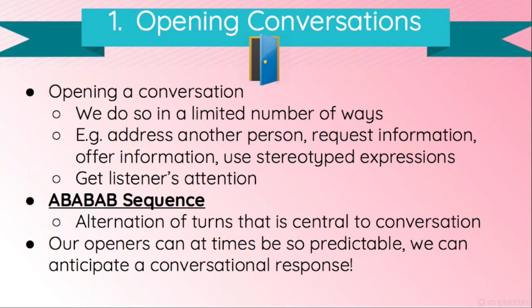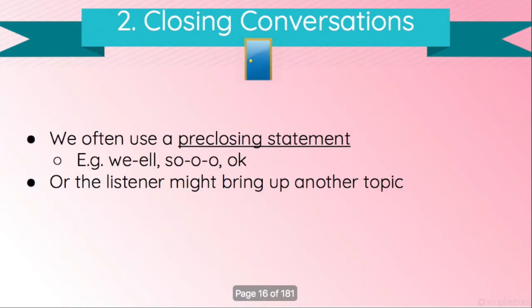So the sequence is essentially turn taking. Our openers can at times be so predictable that we can anticipate a conversational response from another person. When we ask another person how they are, usually they answer us with fine if they're all right, or not so good, for instance, if they've had a bad day. So that's kind of predictable.